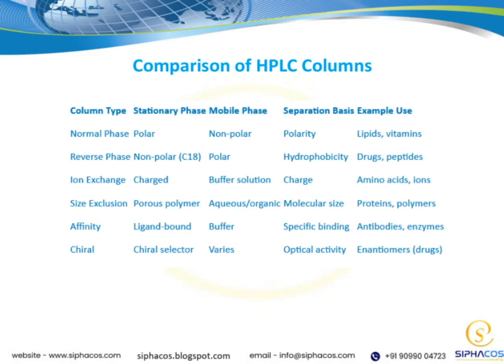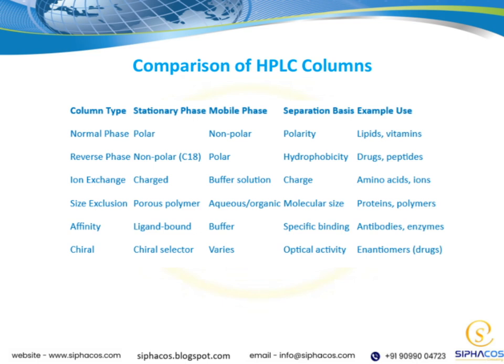Let's take a closer look at the comparison of HPLC columns. As you can see, different columns are designed for specific applications, and choosing the right one is crucial for effective separation. Factors like column material, dimensions, and particle size all influence the quality of your results. For example, smaller particle sizes generally offer better resolution and faster analysis times, but they also come with increased back pressure.